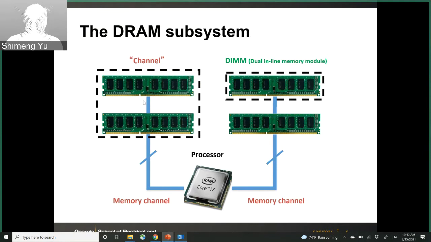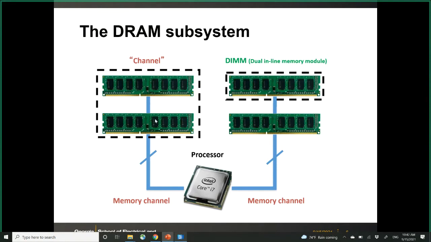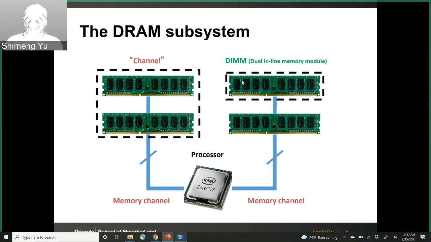And then within one channel, you can divide that into different DIMMs. And on the DIMM, you have those black regions, that is the chip, and this is a packaged chip. So on this DIMM, for example, you see 8 DRAM chips packaged and then assembled on this DIMM.